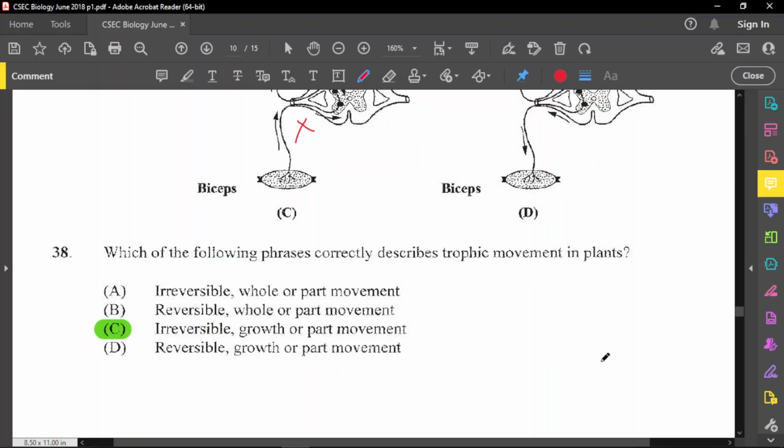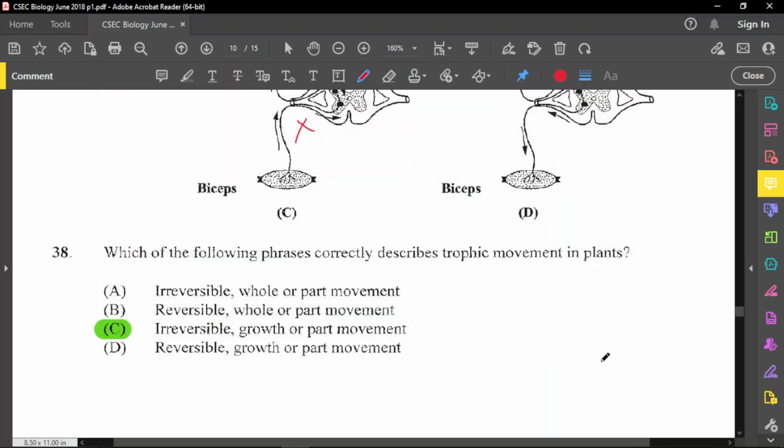If you rotate the plant, though in a natural environment, the plant cannot be rotated by itself, unless the stimulus shifts to a different position, like for example, light. If the plant responds to light from the right, eventually if the light comes from the left, the plant will bend towards the left. But it's not reversible because growth is not reversible. All right, and that's what this is referring to. So I just want to make that clear.